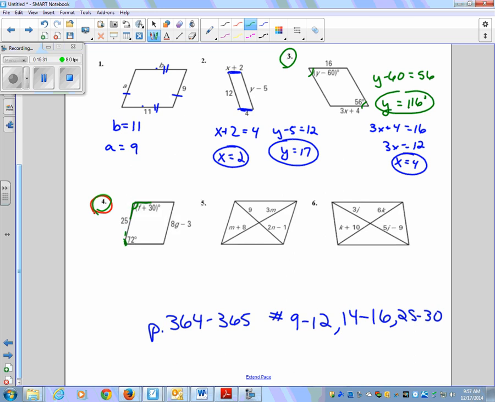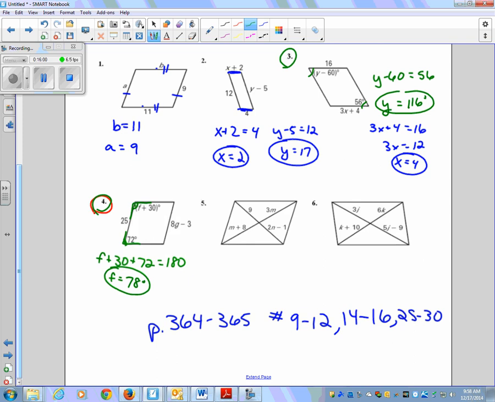This one looks acute. So you're not going to just put them equal to each other. Consecutive angles are supplementary, just like same side interior angles, right? So f plus 30 plus 72 should be 180. And what did f turn out to be here? 80 something? Let's see, 108 minus 30, 78, thank you.